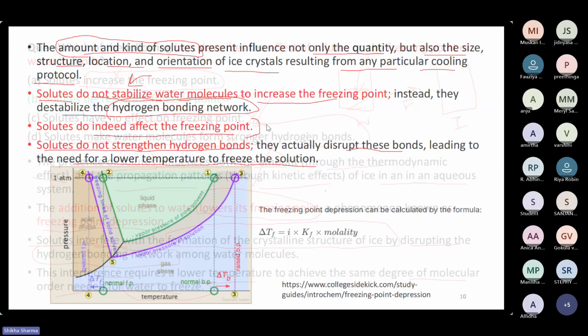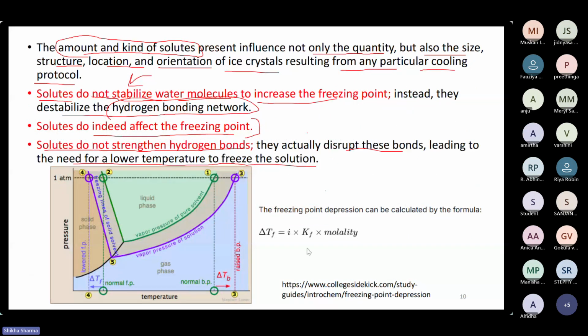So if we see from the phase diagram, when we are freezing, this is the pure solvent. So for the pure solvent, we are decreasing the temperature from here to here, so it is like that.